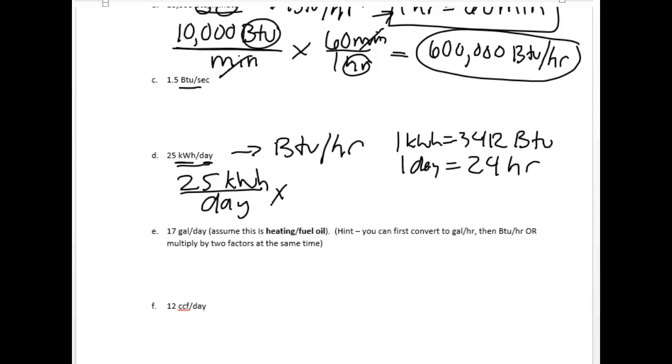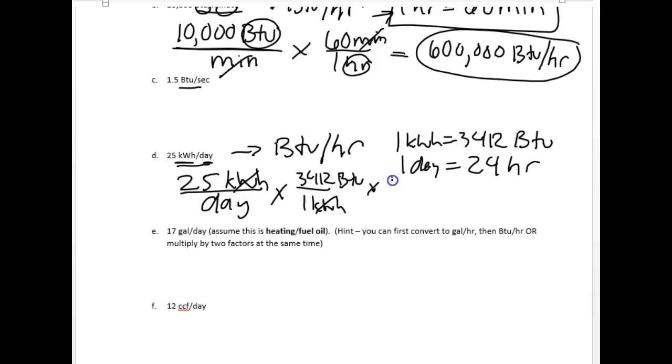Okay, and then I can insert more than one conversion factor here, which is what I'm going to do. So first, you can do it either order, it does not matter. So first I need to go from kilowatt hours to BTUs. So 1 kilowatt hour is 3,412 BTUs. Okay, and then I can cross that out, and then I need to go from days to hours, right?